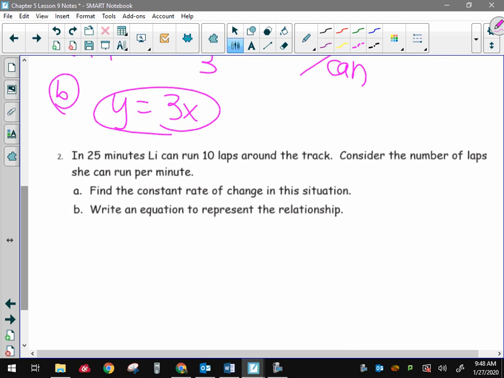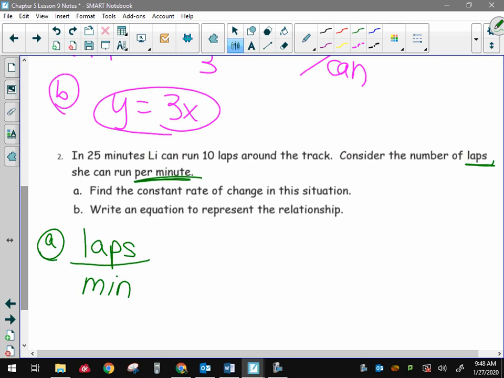In 25 minutes, Lee can run 10 laps around the track. Consider the number of laps she can run per minute. There's no money here. I don't know which is the independent and dependent variable. How am I going to decide what goes on top? The words, you got it. Laps per minute. Laps is dependent on minutes.